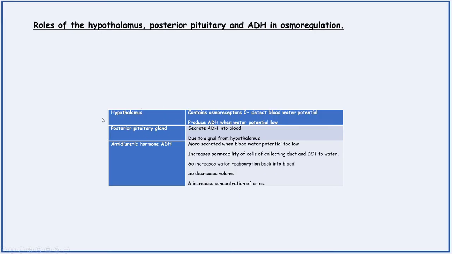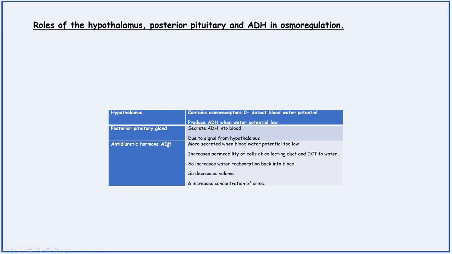So the hypothalamus contains osmoreceptors, which detect the blood water potential, and the hypothalamus also produces ADH when the water potential is low. The posterior pituitary gland secretes ADH into the blood because of the signal from the hypothalamus.